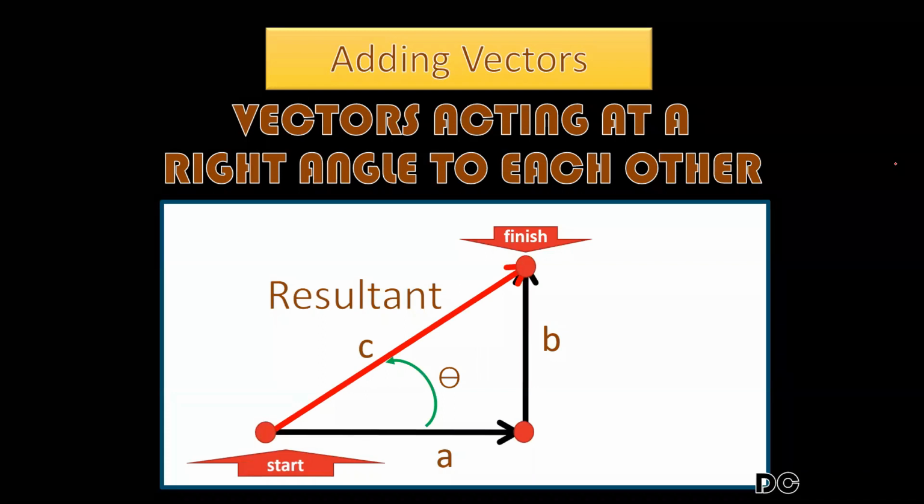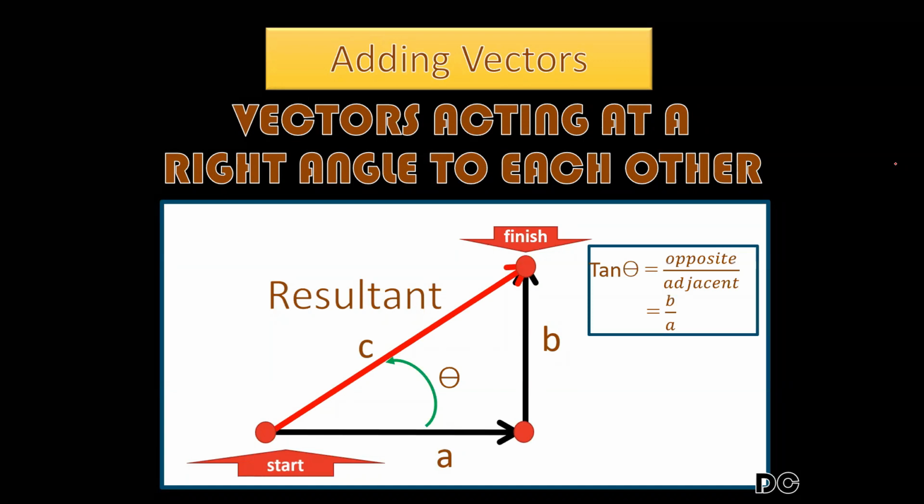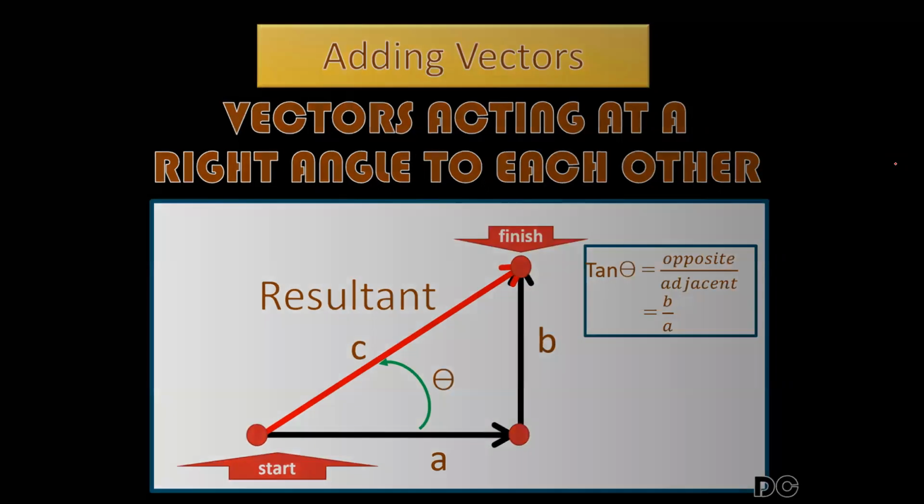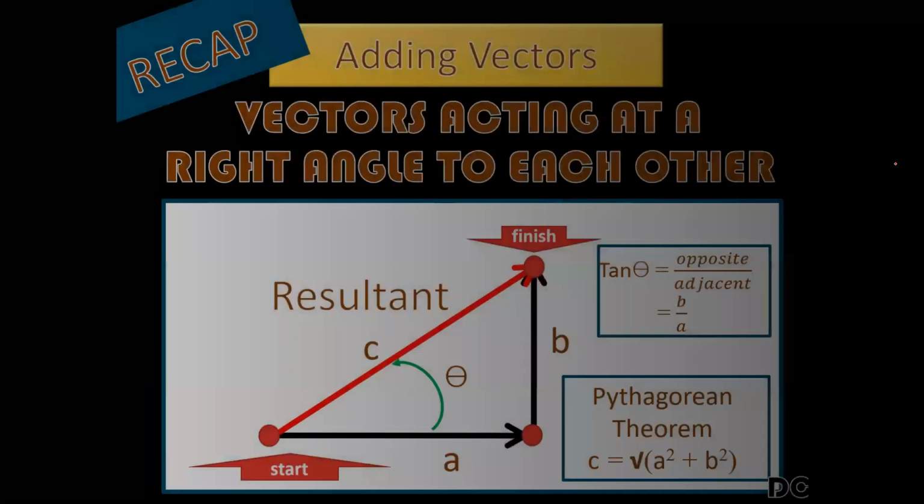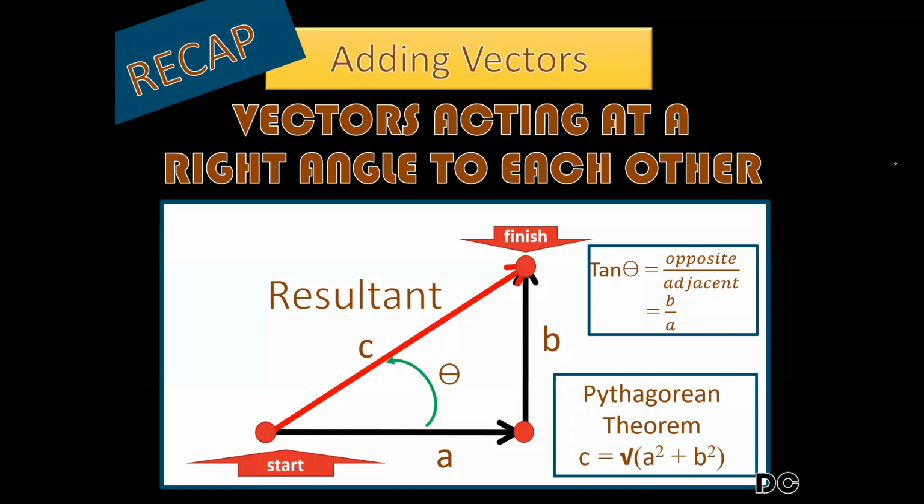That is our angle theta. So tan theta is equal to opposite over adjacent, which is equal to B over A. That is how to determine the resultant and the angular direction of our resultant.